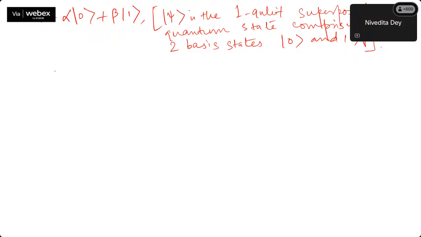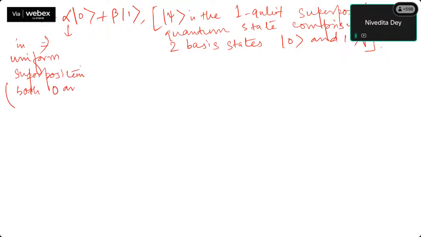Okay, now if this is the one, then if you check it, it will be in uniform superposition, meaning both 0 and 1 are equiprobable. I'm a little fast here because we already covered a part of it yesterday.